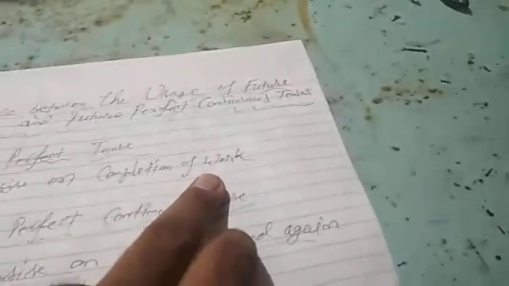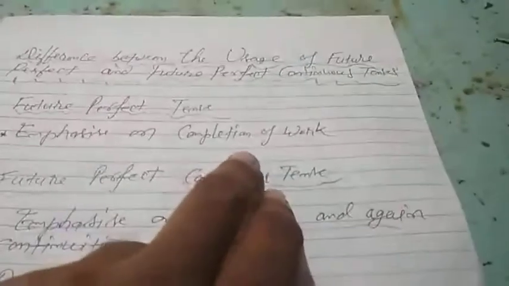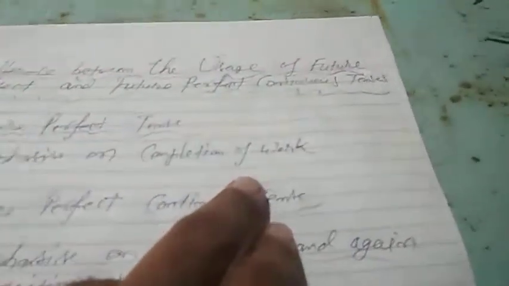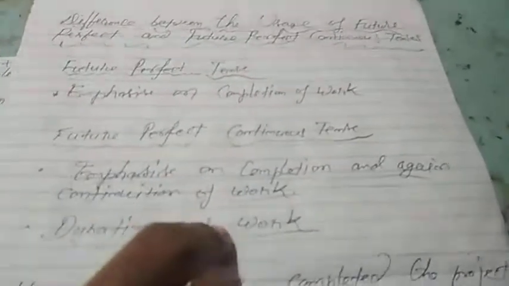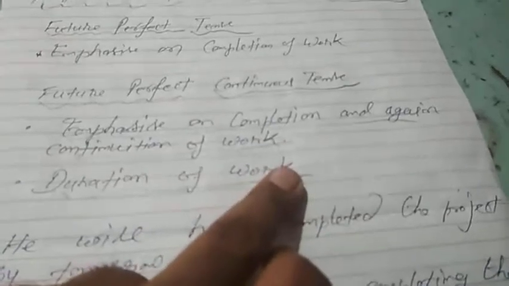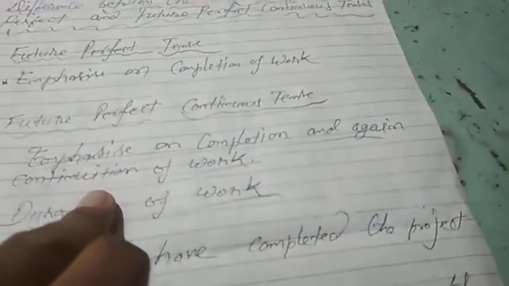It says that work is completed. But future perfect continuous tense emphasizes completion and also continuation of work.